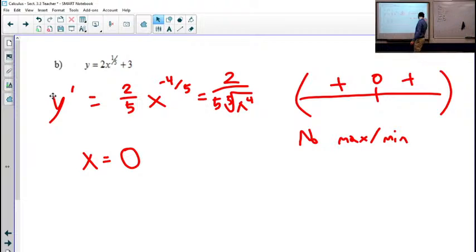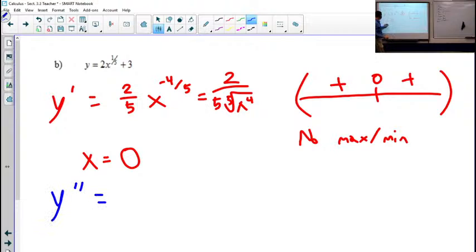Second derivative. Here's the new stuff. I'm going to go off of this. 2/5 times a negative 4/5, because a negative 4/5 is going to come out in front. That means we have negative 8 over 25 times x to the subtract 1, negative 9/5.